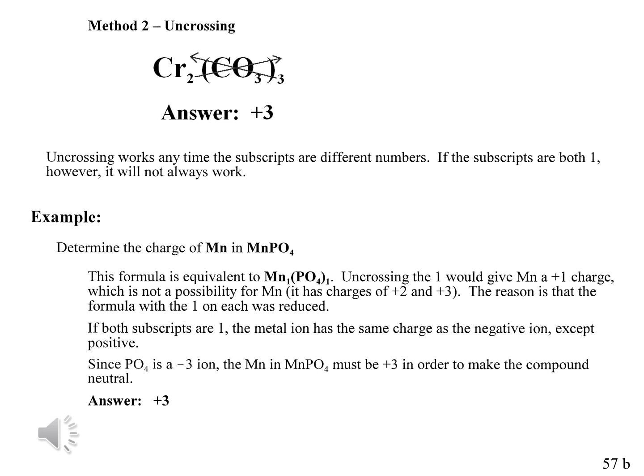So since it's probably been reduced, all you have to do to get the metal charge in this case is, since you know that the phosphate is -3, the manganese has to be +3 in order to make it equal 0. So whatever the charge of the negative one is, the metal is the same except positive.